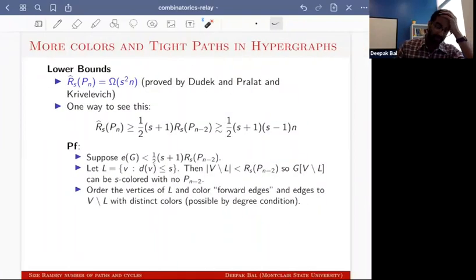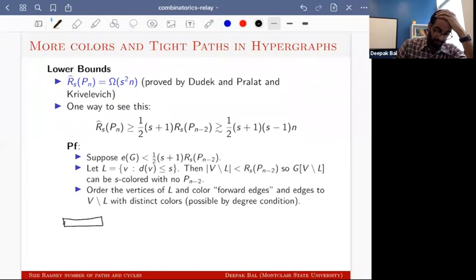So what you can do is, suppose you have a graph and it has less than this number of edges. Then let L be the set of low degree vertices. You've got your low degree vertices and then you've got the rest.